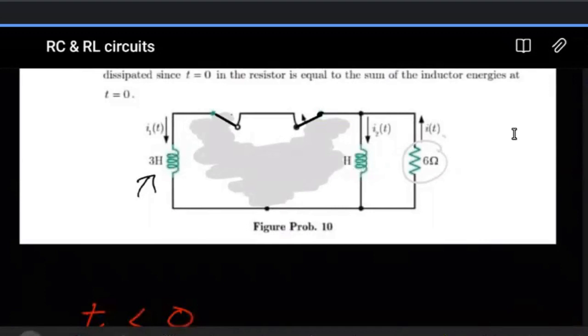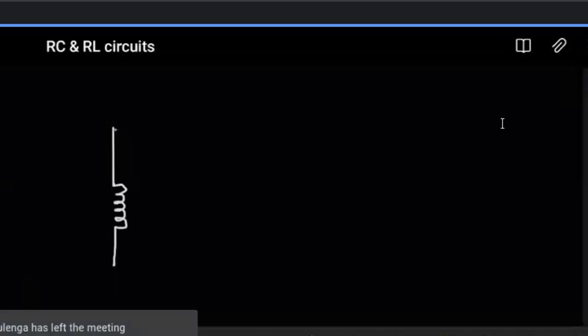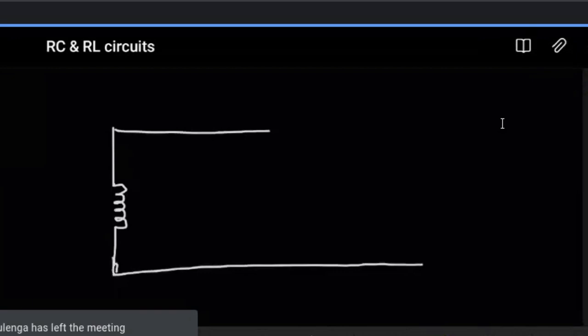So let's try to redraw our circuit with the power source gone. Again, with the power source gone, the inductors are back in action. Whatever they were storing, now they'll start spitting it out. So the power source is out, so I won't include it.